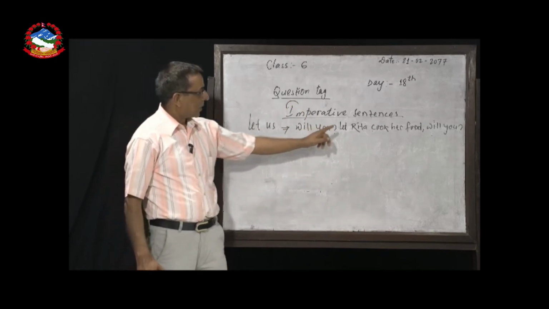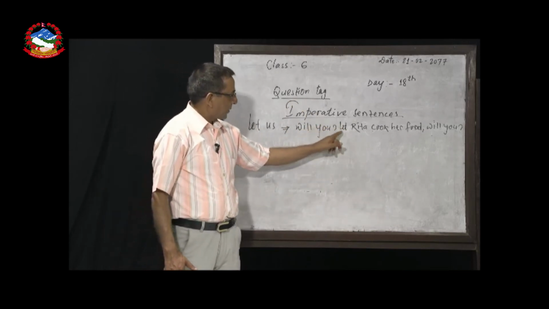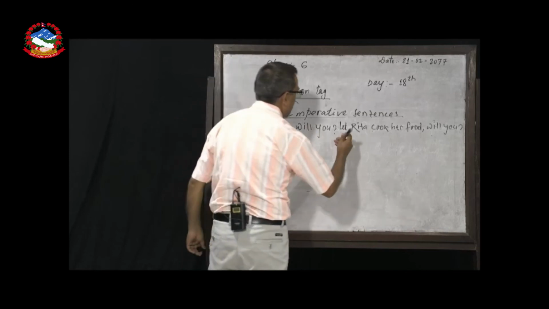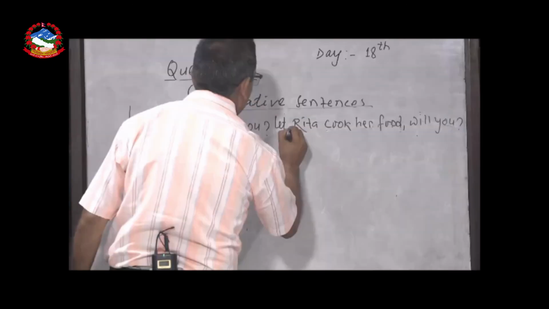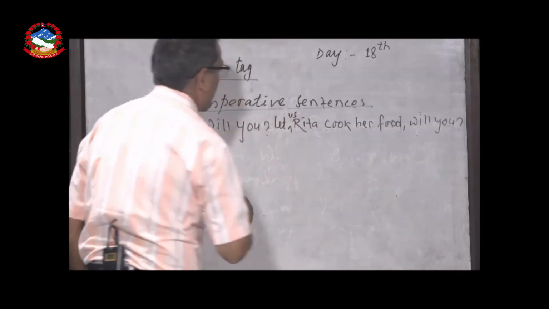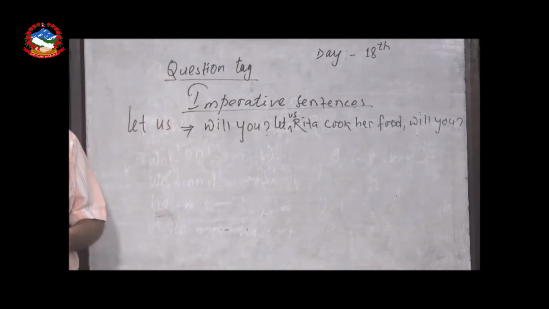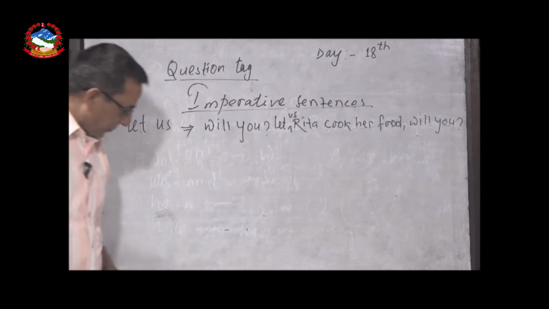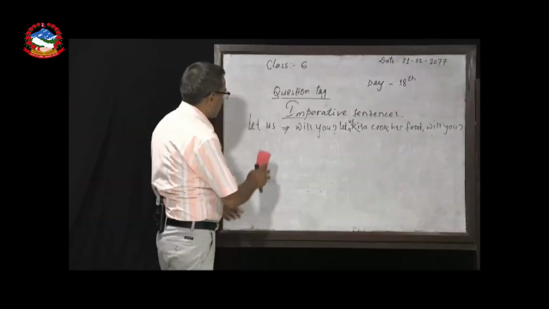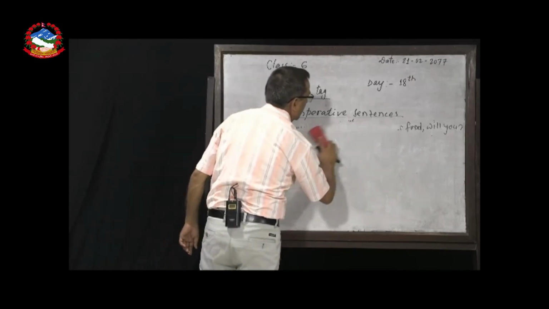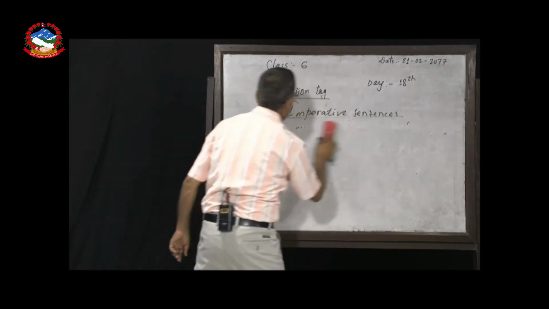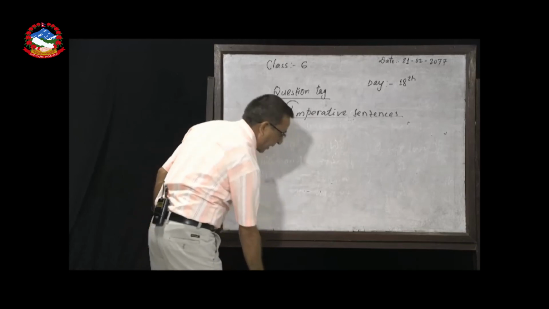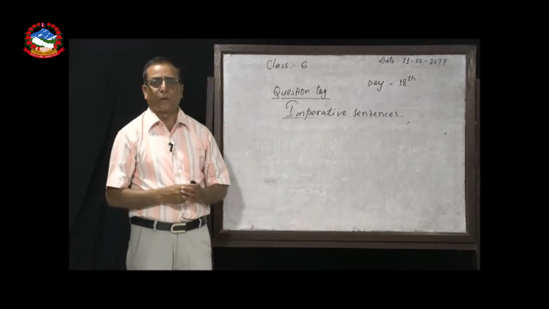For example, let us Rita cook her food. Let us Rita cook her food. Okay. Now, the another one. If the sentence starts from let, the tag becomes will you.